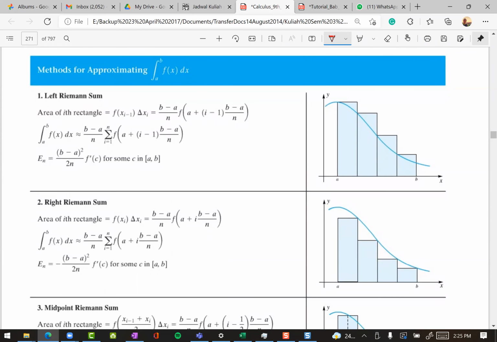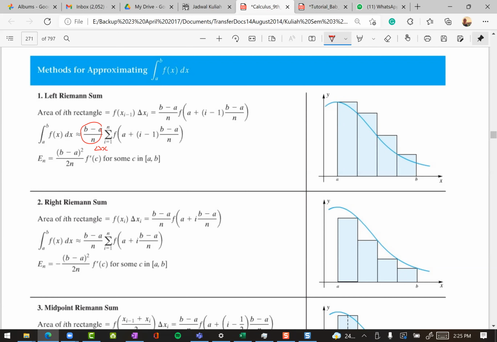Okay. So first you can use the left Riemann sum. The integral is, this is the delta, the length of the interval divided by n.